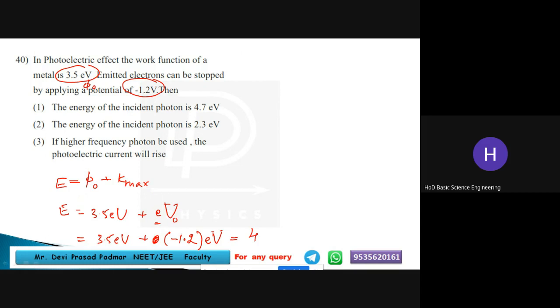Sorry, here the value you have to consider as plus. So you have to add, right? So 4.7 electron volt you will get.